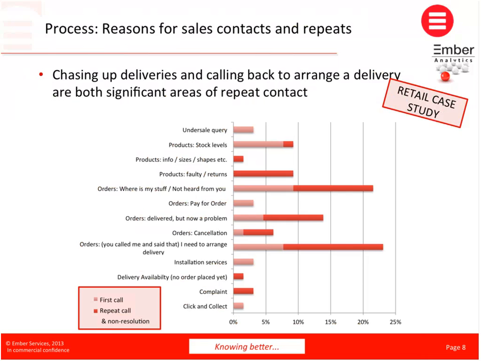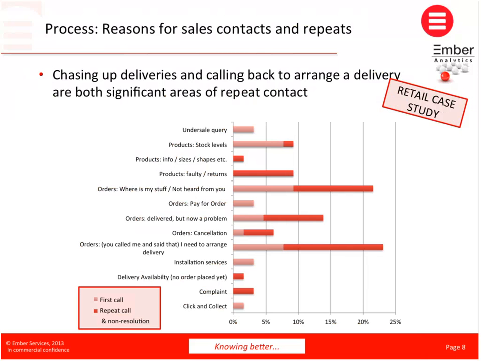The final area, just briefly to look at, was the process piece. This is a retail case study, and these reason codes here show the call types that occurred in the sales team for this particular client. The point here is obviously you're always going to get some spurious calls that come into the wrong teams.